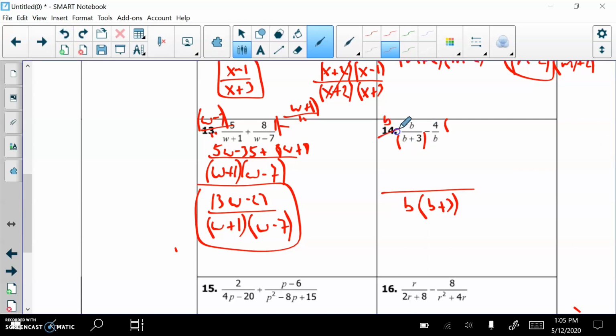So multiply by b over b, that gets me b squared minus, and because I'm subtracting, I'm going to want to group because you want to subtract everything afterwards, and that's going to change signs. I want to multiply this fraction by b plus 3. Okay, because this b needs this piece of the fraction. So multiply that by b plus 3 over b plus 3. That means my denominators will match, and that gets me minus 4b plus 12.